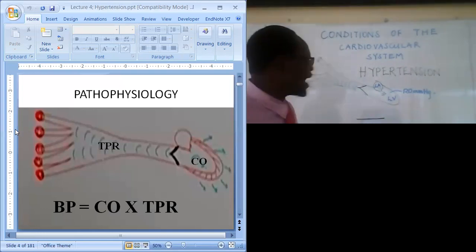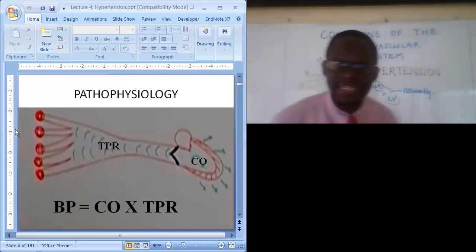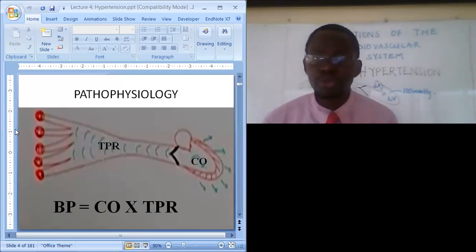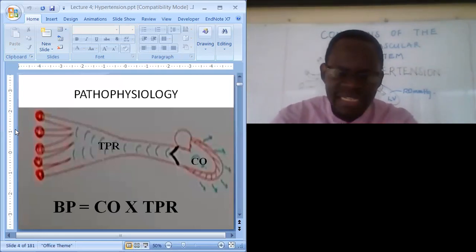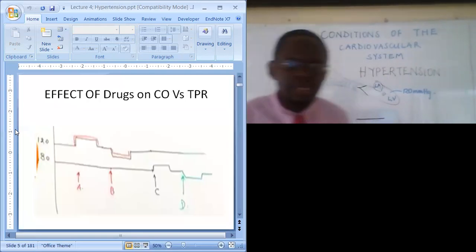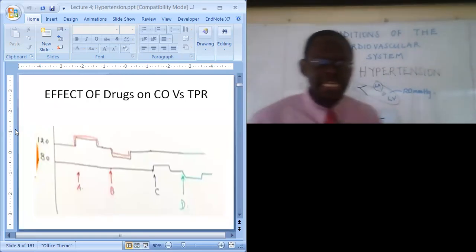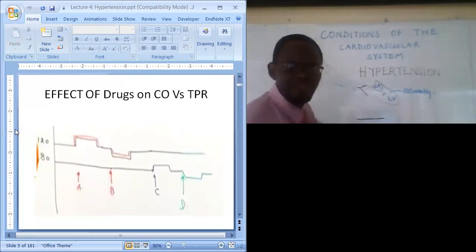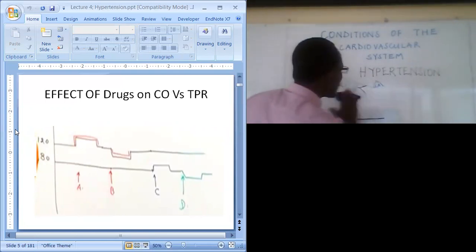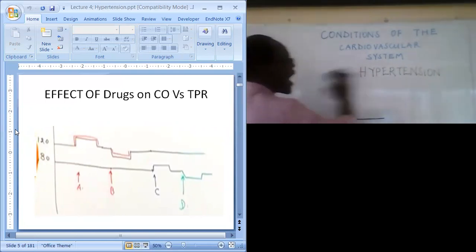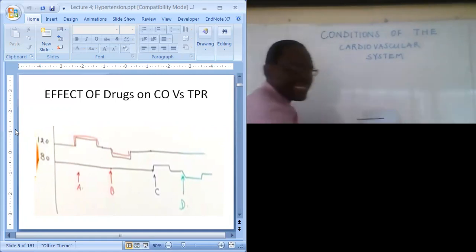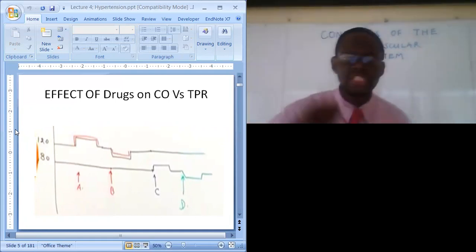Now, assuming you have understood that, there is something else that I want you to be able to interpret, and that is what is in the next diagram. You see in that diagram, assuming you have a drug, and those drugs change either the systolic or the diastolic blood pressure.